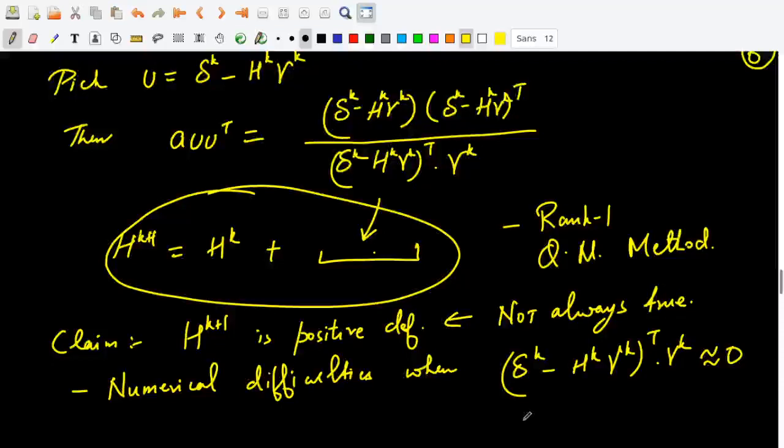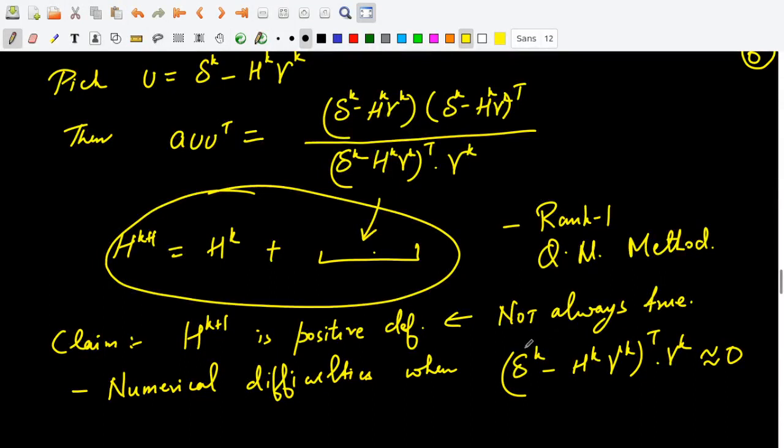Okay. So even if hk is positive definite, if this denominator becomes negative, then this matrix may become negative definite, and this whole thing may become indefinite or negative definite. So there are difficulties with this method.